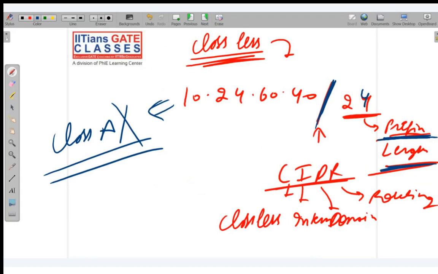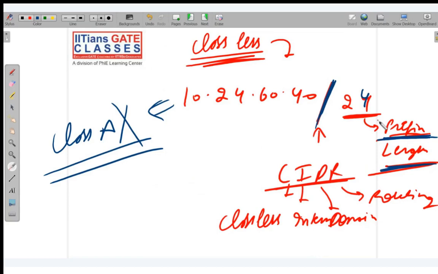When it is 8, directly or indirectly the range will tell us this is 8. So 0 to 127, or 128 to 191, you will say the block length is 16 and so on. In classful it was there by default, but in classless it is not there because variable length blocks are there.